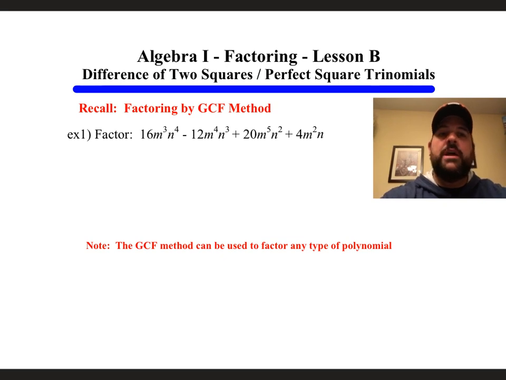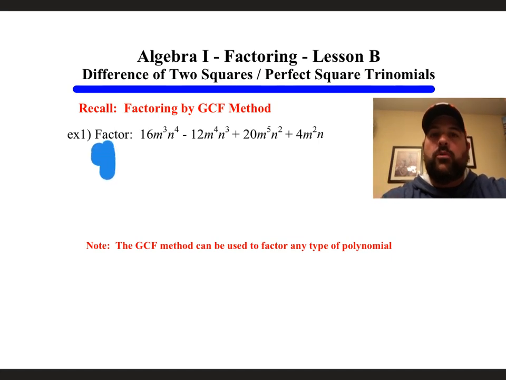Alright, so if we're looking at this expression, I have 16, 12, 20, and 4. It appears that my GCF between those four numbers is going to end up being 4. So our GCF is going to be 4 for the coefficients.